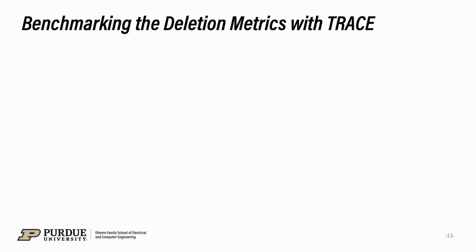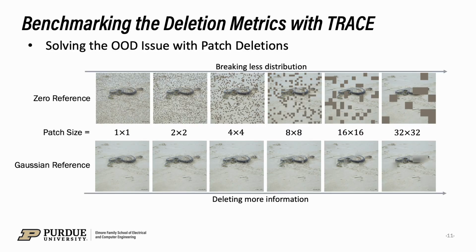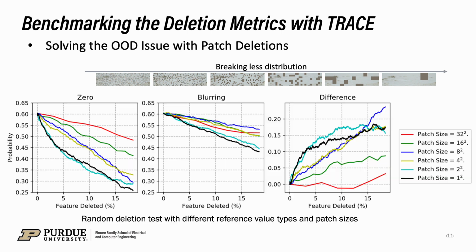To rule out the influence of informative features, we delete features in a completely random manner with different patch sizes, and the deleted features are imputed with zeros and Gaussian blurs. Since zeros and blurs represent the discrepancy brought by the OOD issue, the larger their differences are, the more severe the OOD issue is.